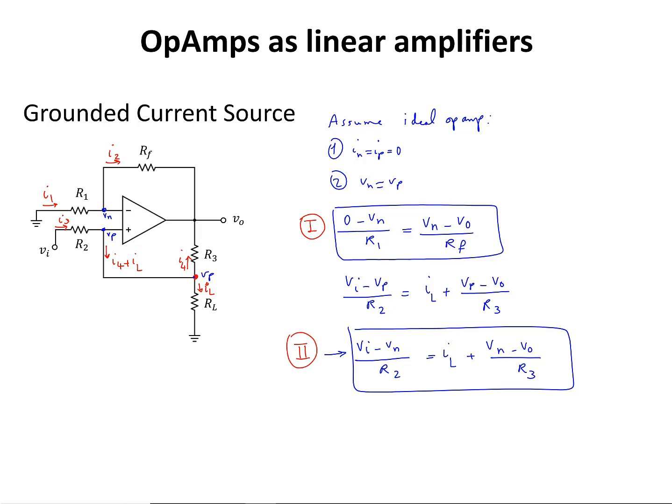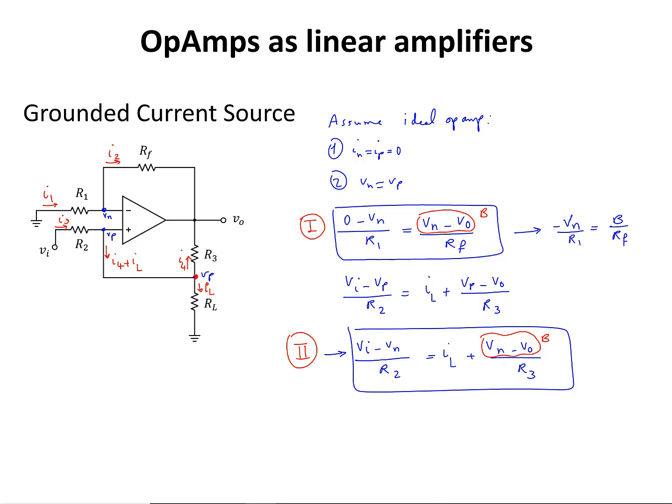Now I'm going to name this expression here as B. This is the same expression, I'm going to again name it B. So from this one I can see that negative Vn over R1 is going to be equal to B over Rf.